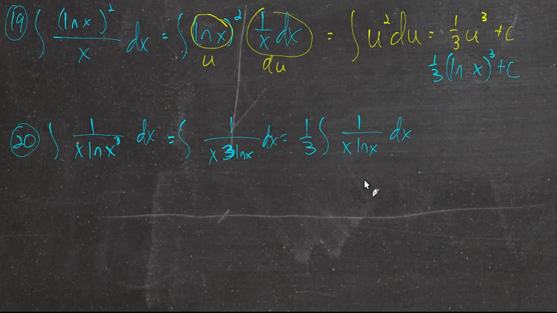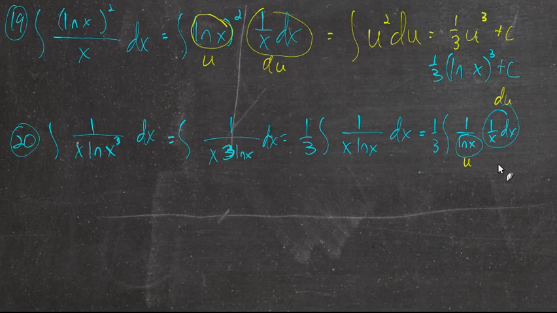Well, if we try and separate it similarly to the way we just did, then we'll see we have 1/3 times the indefinite integral of 1 over the natural log of x times 1 over x dx. And this is the derivative of this, right? If this were u, then this would be du.